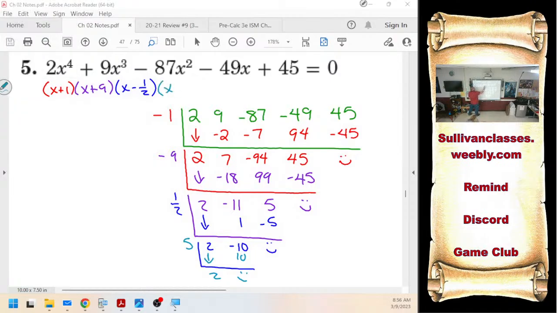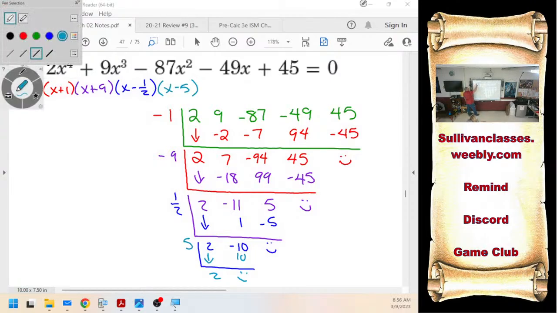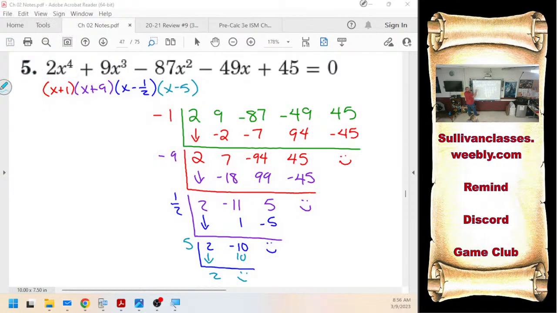Right? X minus 5. And because there was that 2 left over at the end, I know there's a 2 out front. Yeah. This is the fully factored form. Same difference. They're the same polynomial. I'm just saying if you want the factored form, you better remember that 2 is there. Or divide by 2 right here and then keep going. In which case you would call this one 2x minus 1 instead.